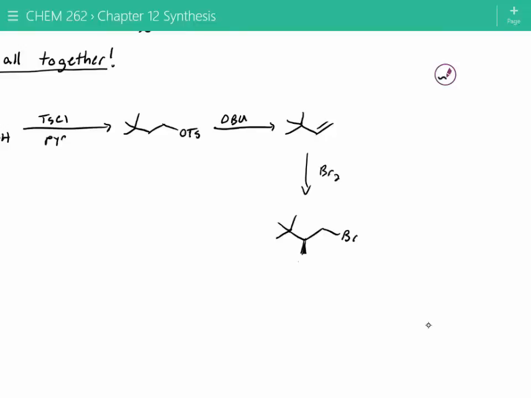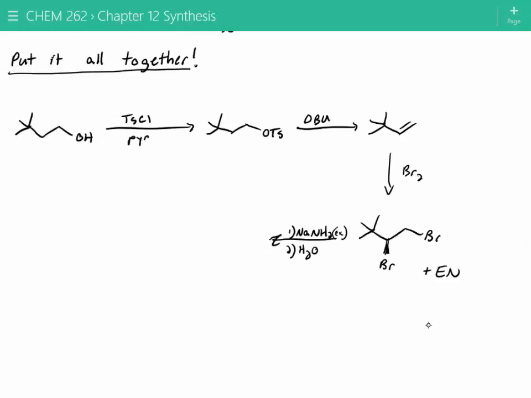And in this case, we know we're going to get 2 enantiomers out, but it doesn't really matter because we can carry them both on in the next step, which is NaNH2 followed by water. Oh, man, it's a sloppy arrow. All right, and now we've got our final product.